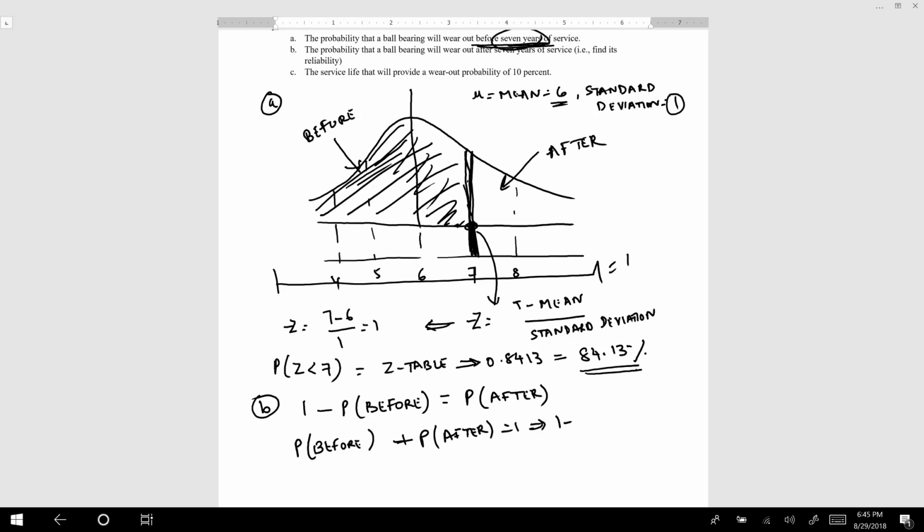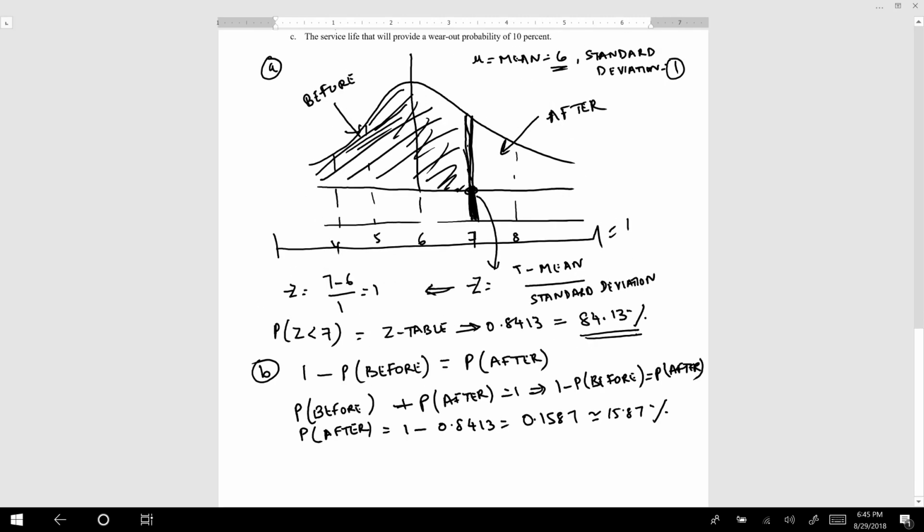So 1 minus P before will be the probability after. It's simple logic, right? So the probability after would be 1 minus 0.8413, which gives us 0.1587. So there is a 15.87% probability that it will wear out after 7 years.